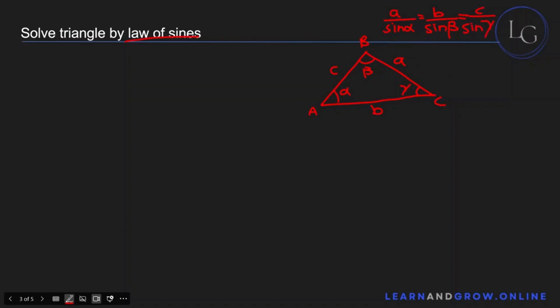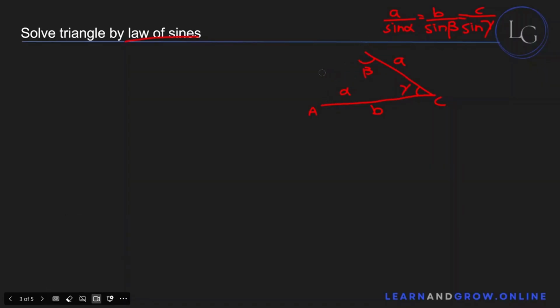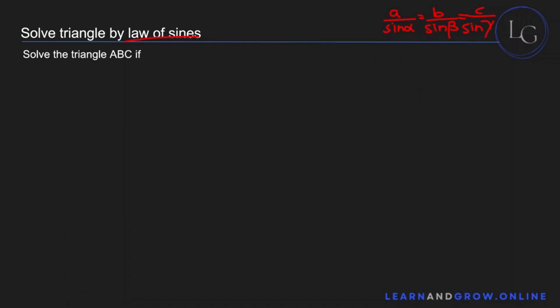Now let's see how you can solve a question by using this. Just remember this. So basically now you're given that the side a is 53, and you're given that the angle beta is 88 degrees and 36 minutes, which basically means 88 and 36 over 60 in mixed fractions, right?